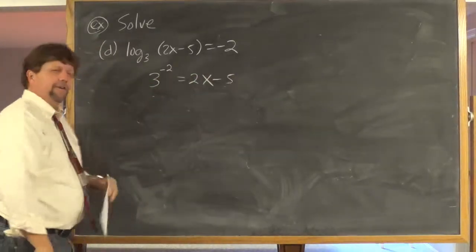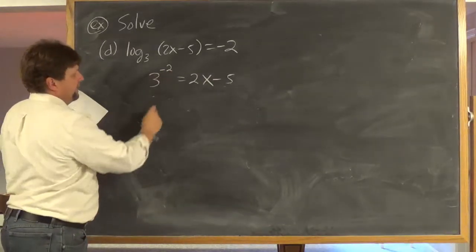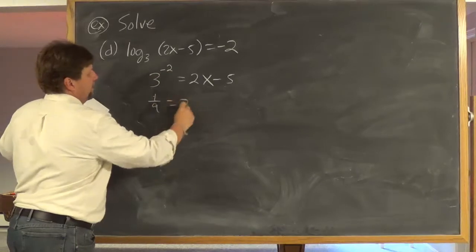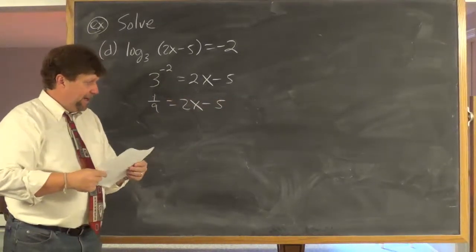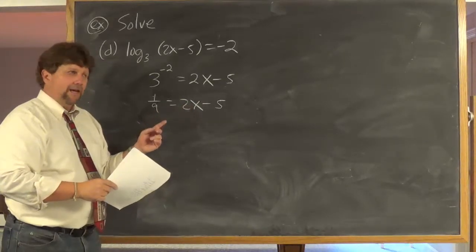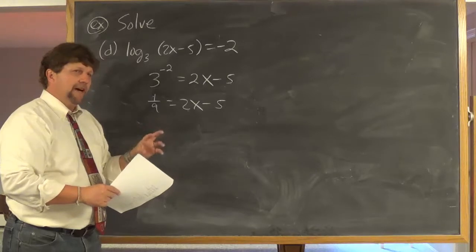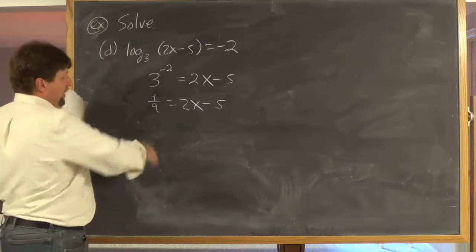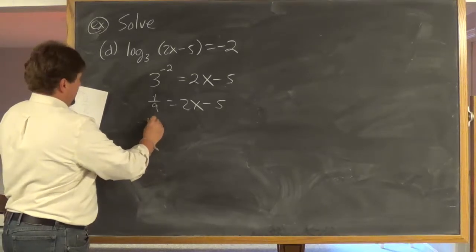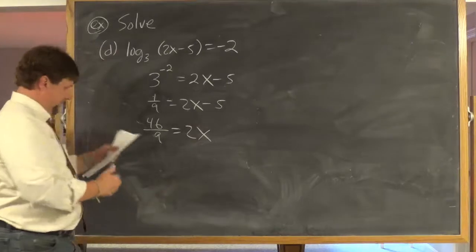And now it's just a matter of, it's a Nike problem, we just do it. 3 to the -2 is 1/9, equal to 2x minus 5. If we add 5 to both sides, I need a common denominator. 5 is 45/9, so 1/9 plus 45/9 is 46/9, equal to 2x.